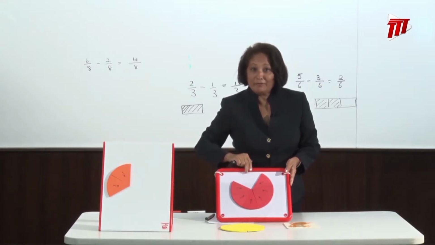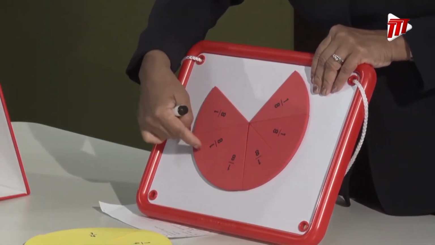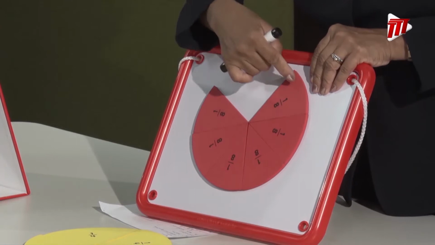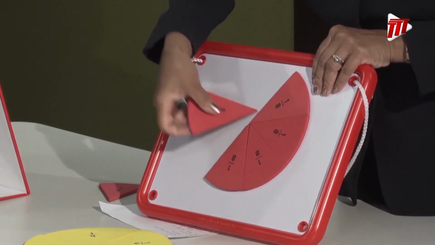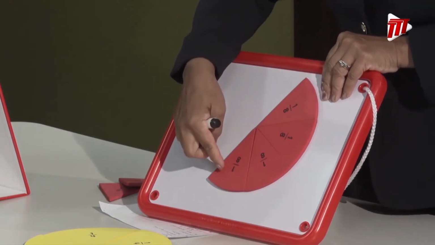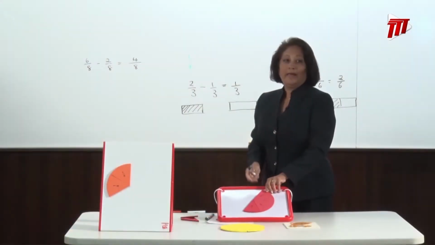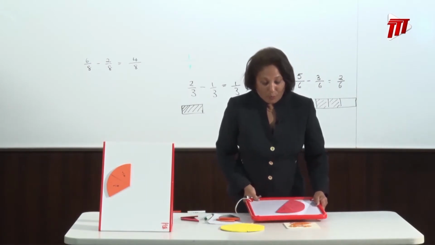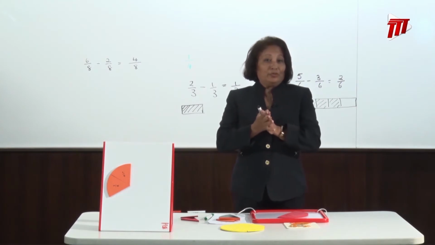So if we try to verify the answer, this represents my 6/8. 1, 2, 3, 4, 5, 6. And I take away 2. What you remain with is 1, 2, 3, 4. 4/8. So we could generalize now and come up with a rule that we could use.